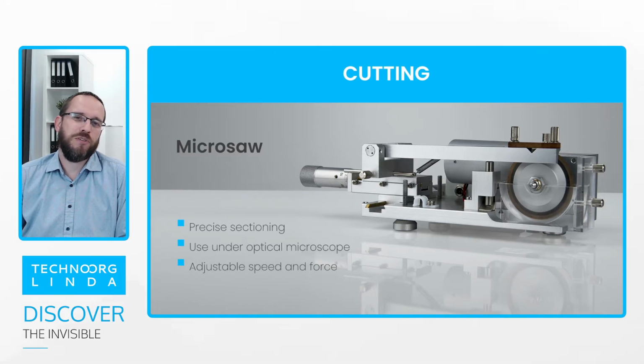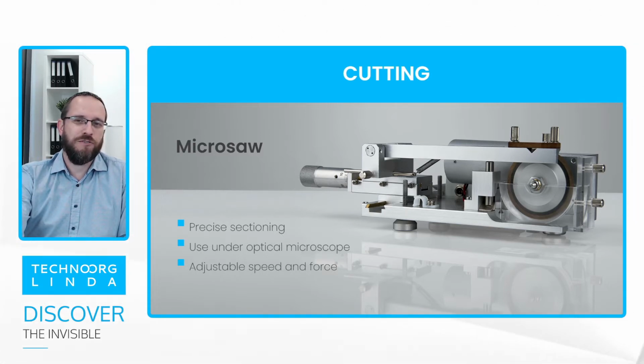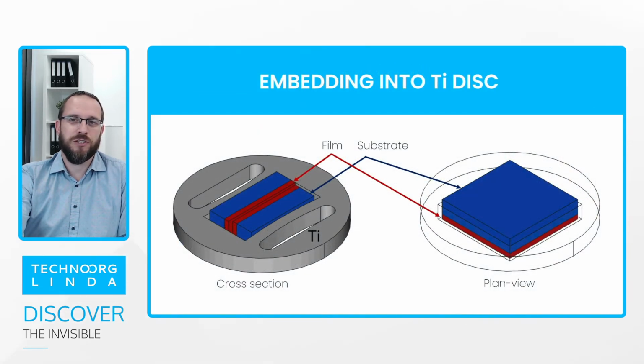It is very important that this tool is designed to be used under an optical microscope, so you can closely follow the procedure of sample sectioning with the microscope. Of course, you can adjust the cutting force and cutting speed of this small diamond saw.